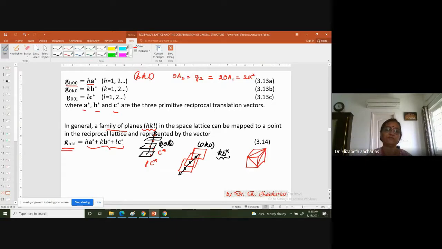So that's your K space. In general, any G_HKL can be written as H a star plus K b star plus L c star, and this HKL comes from the values of HKL for the family of planes that they are representing.